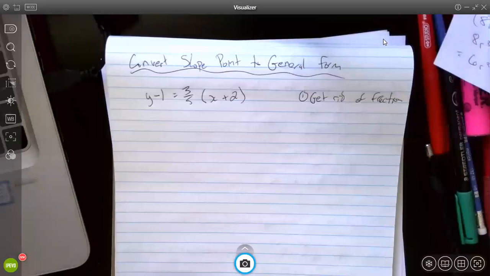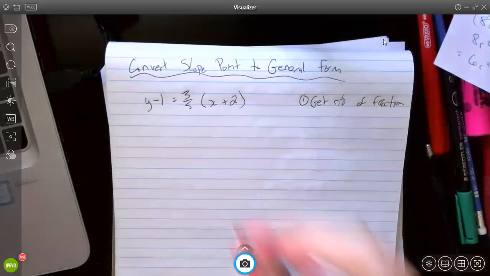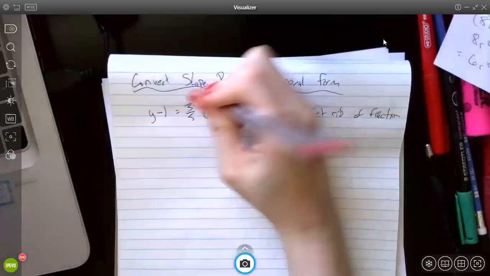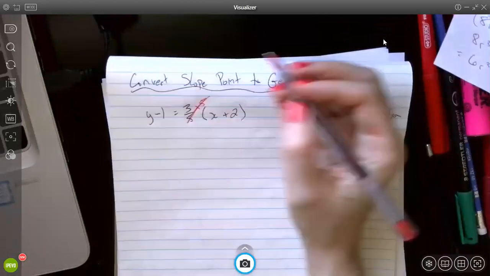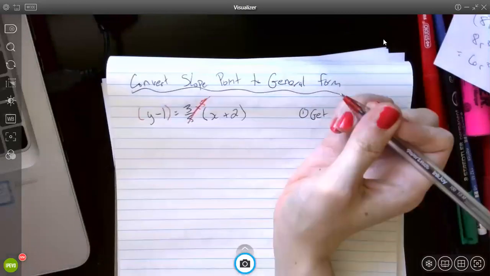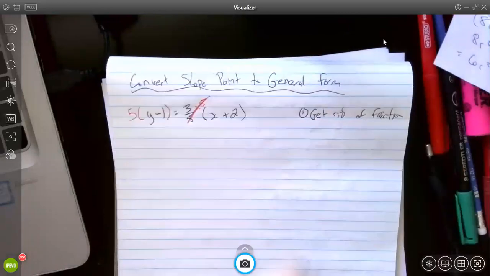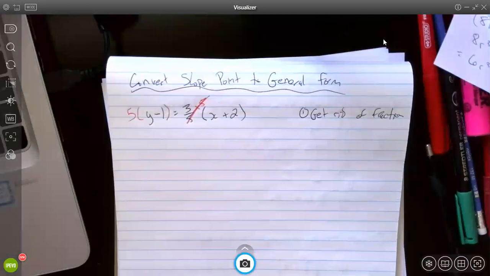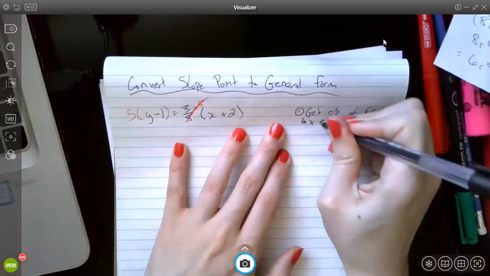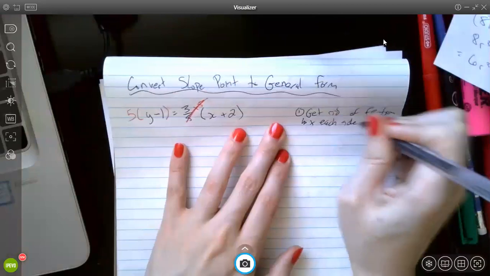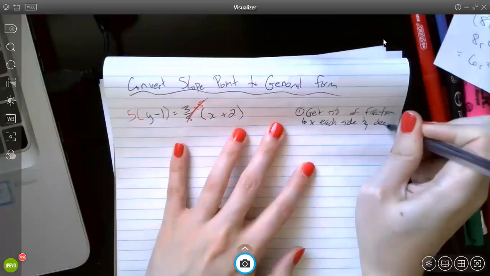And in order to do that, when we have slope point form, I'm going to multiply by the denominator here, and that cancels out. And then I take the entire other side and multiply it by the denominator as well. So multiply each side by the denominator.